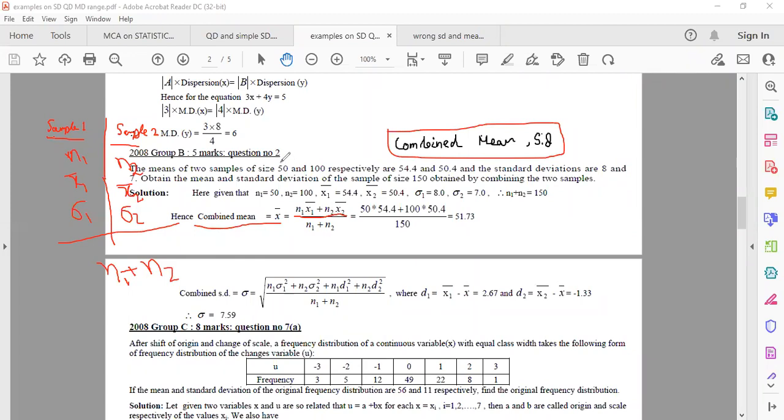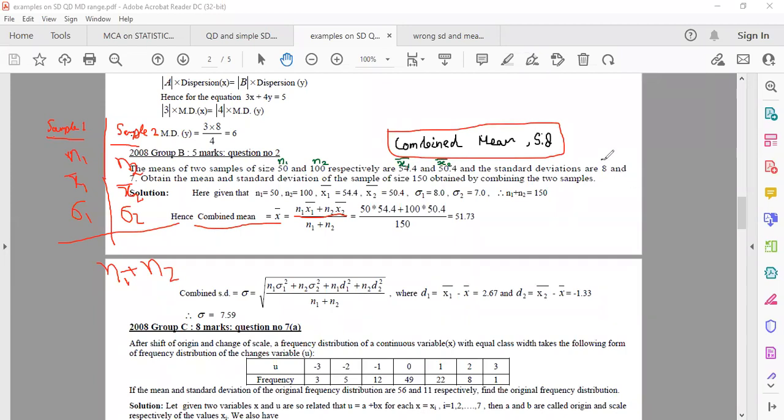Here 50 is the n1 value, and 100 is the n2 value. This is x1 bar, the arithmetic mean of the first group, and this is the arithmetic mean of the second group, 54.4 and 50.4.